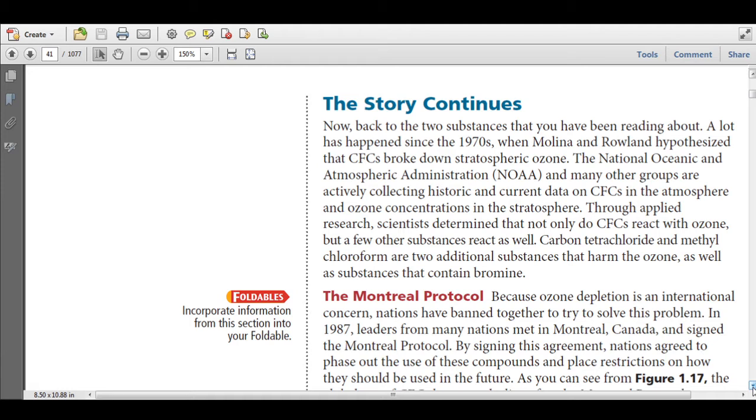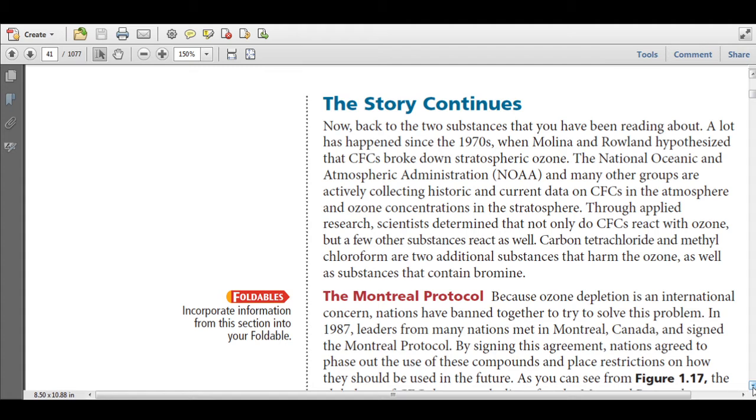A lot has happened since the 1970s, when Molina and Rowland hypothesized that CFCs broke down stratospheric ozone. The National Oceanic and Atmospheric Administration and many other groups are actively collecting historic and current data on CFCs in the atmosphere and ozone concentrations in the stratosphere.